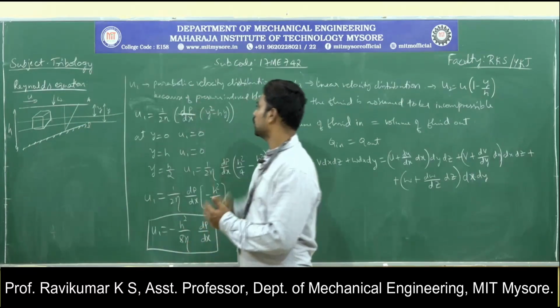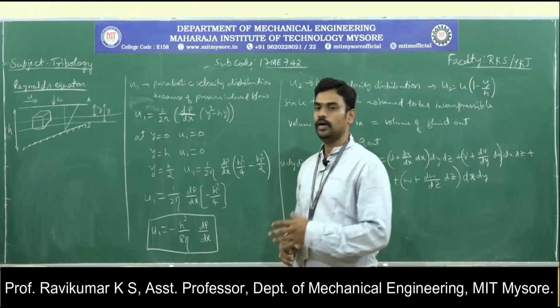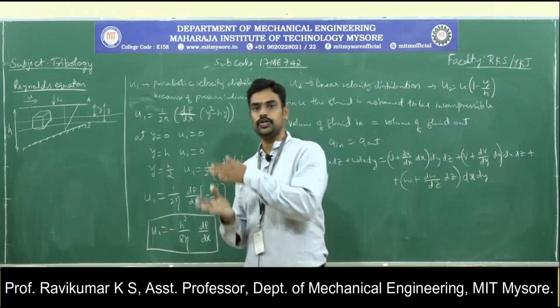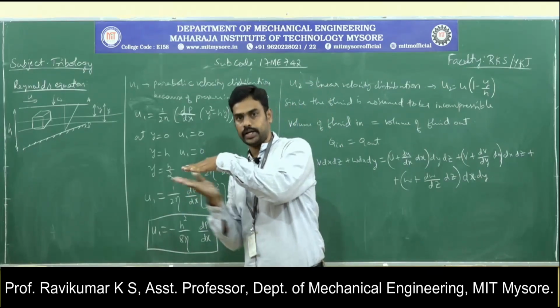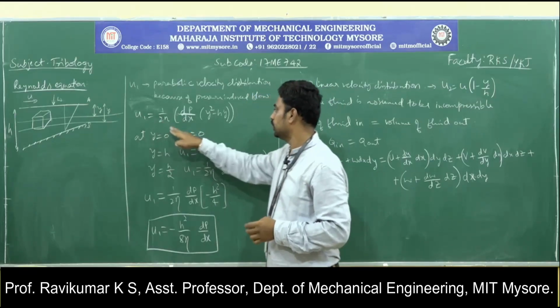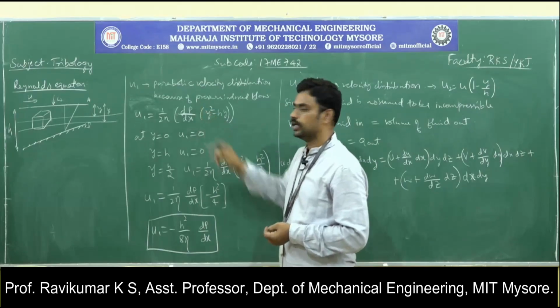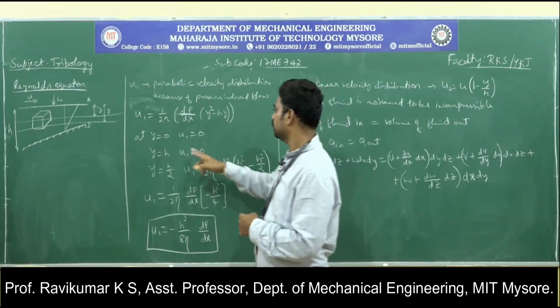The first term u1 represents the parabolic velocity distribution, because of the pressure induced flow. The first term u1 depends on the pressure gradient dp by dx.